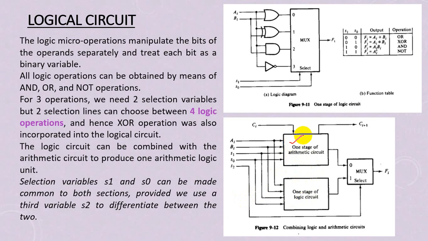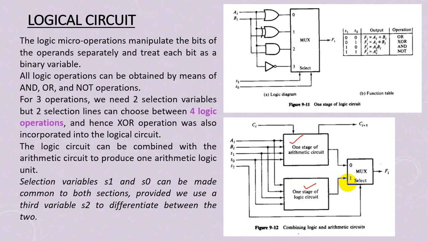We have completed the design of the arithmetic portion of the ALU, right? When s equal to 0, it will perform arithmetic operation, and when s equal to 1, it is going to perform logic operation. S2, pin number S2 is the mode select pin. Okay, so we have seen the arithmetic design. Now is the time for logic part design.